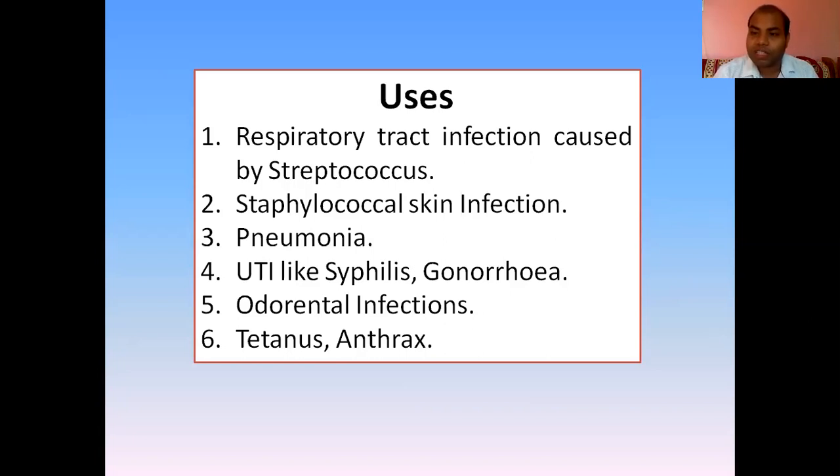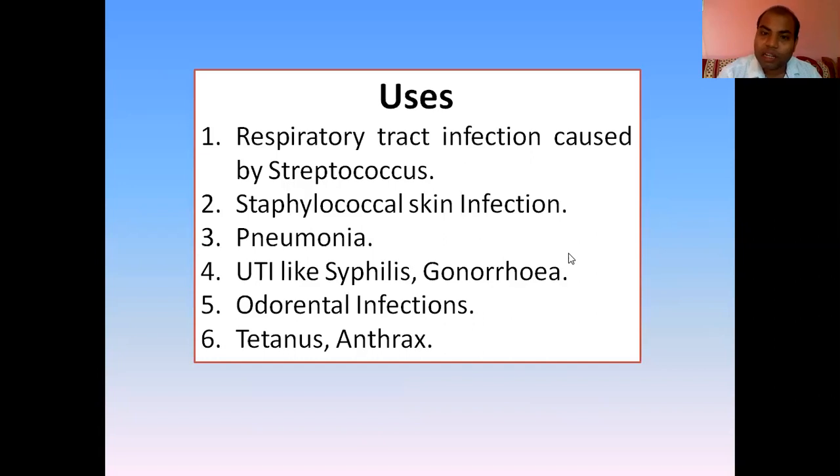The staphylococcus generally causes any kind of skin infection or itchiness or rashes. Along with pneumonia, UTI infection is also treatable, like syphilis and gonorrhea, and they are also used for odor-producing infections. Odor-producing infections are infections that spread odor from the infectious area.